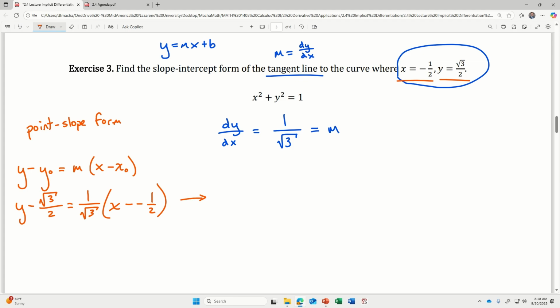Let's simplify this by distributing the 1 over square root 3 to x, and I get 1 over square root 3 times x plus 1/2, so that's going to be 1 over 2 square root 3. And I'm also going to add square root 3 over 2 to both sides.